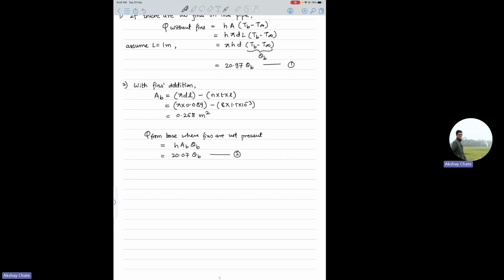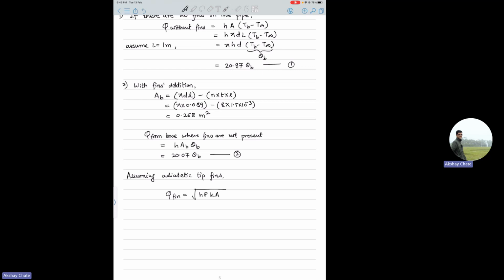Now you need to know the heat transfer from the fin, how much heat you got from the fins. So assuming adiabatic tip fins, we know the formula for Q fin as under root h P k A into tanh mL, right? 1 second, I'll just confirm.